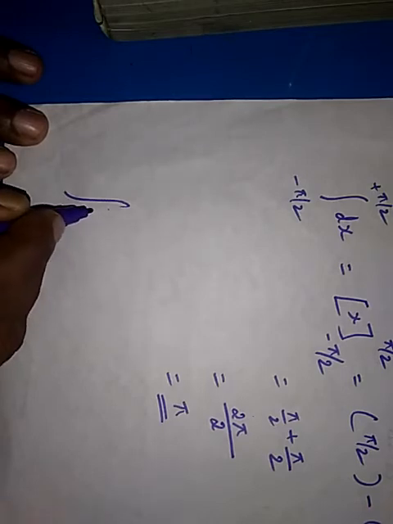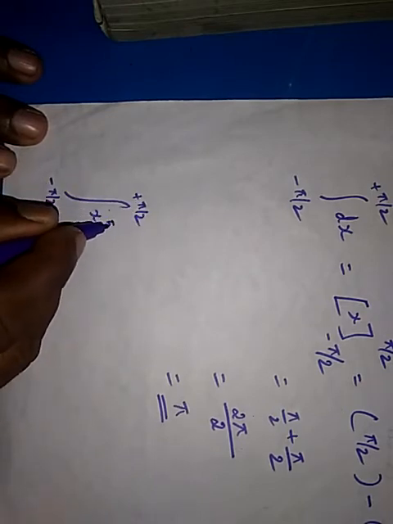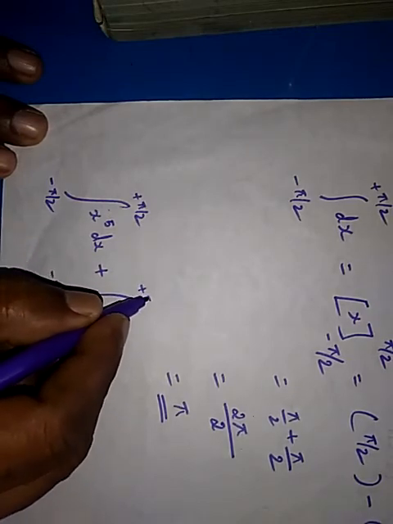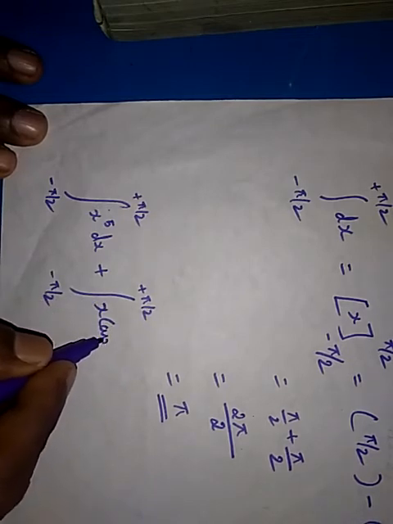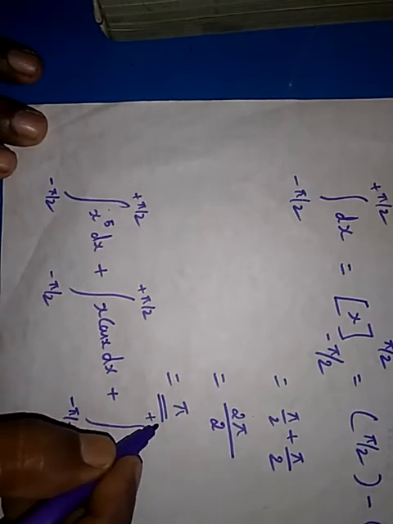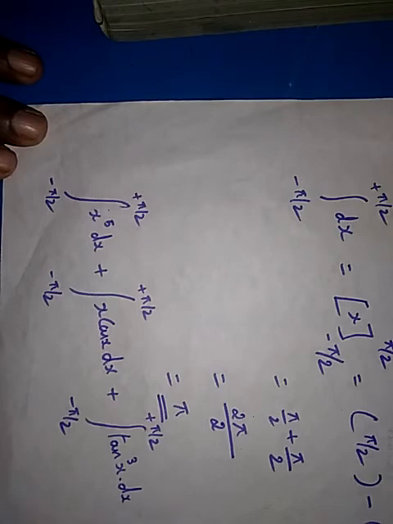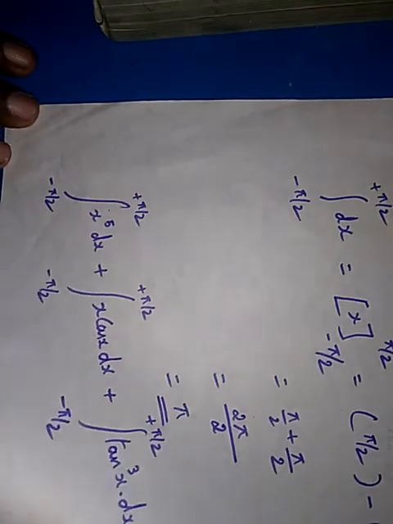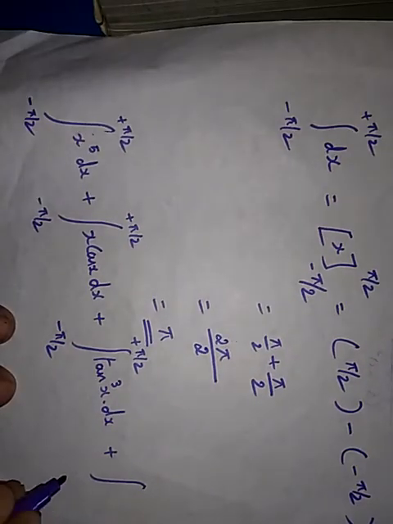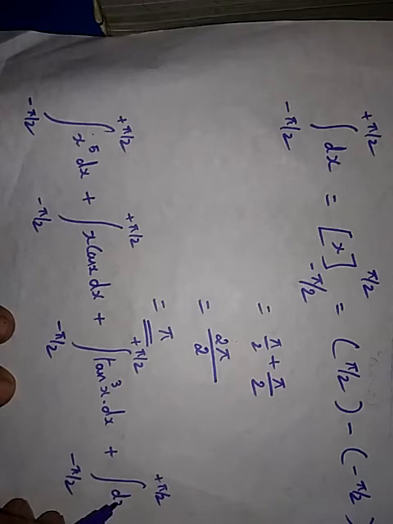So the final answer will be: integral from minus pi by 2 to plus pi by 2 of x power 5 dx plus integral from minus pi by 2 to plus pi by 2 of x cos x dx plus integral from minus pi by 2 to plus pi by 2 of tan cube x dx plus integral from minus pi by 2 to plus pi by 2 of dx.